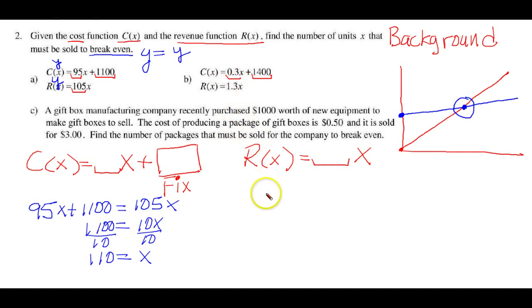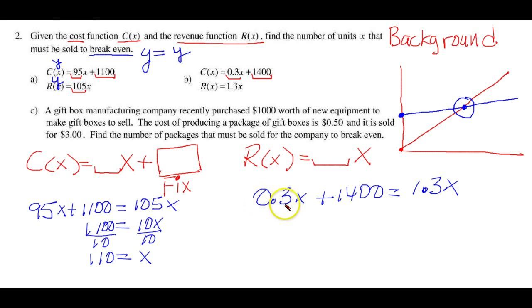Now for the next one, it works the same way. 0.3x plus 1400 equals our revenue, which is 1.3x.